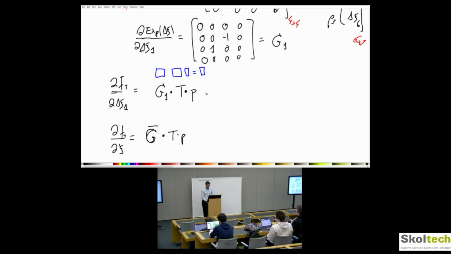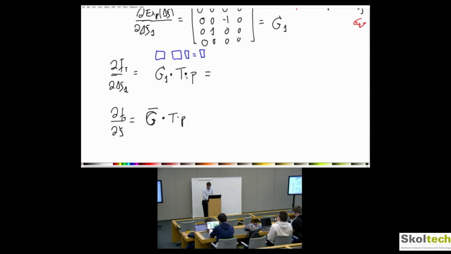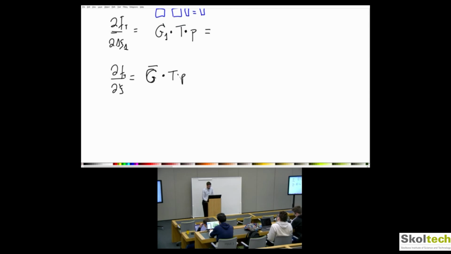Actually, you can do it later at home if you want, but for the first generator matrix, I'm not going to do it. The interesting case is this one.